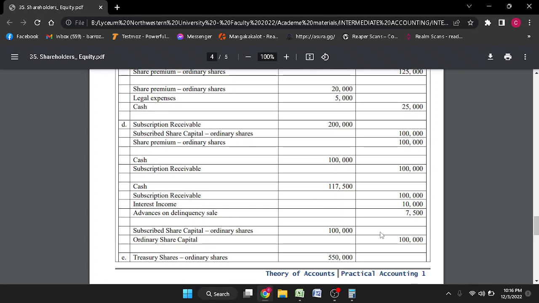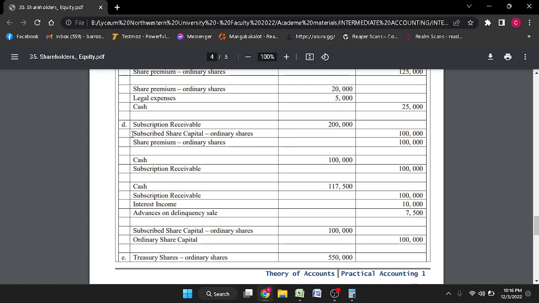However, the 10,000 of the 17,500 was for interest income and advances on delinquent sales, 7.5, and only the 100,000 remaining after deducting the interest income and bid payment was used for extinguishing the subscription receivable. Okay, subscribed share capital was now completed.